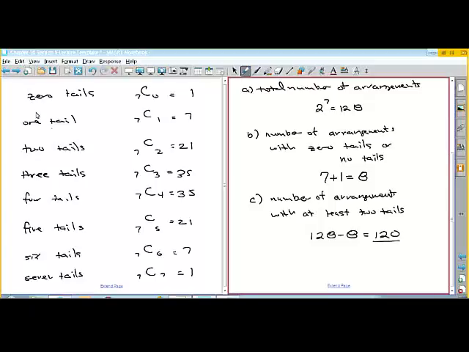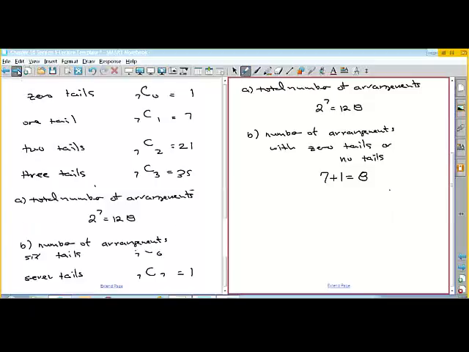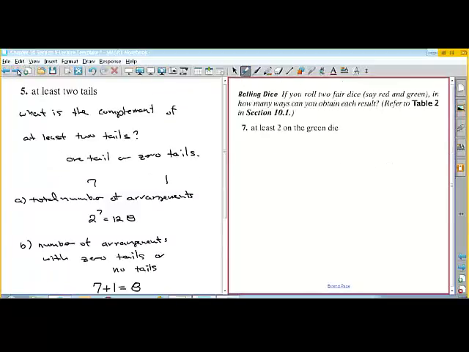So that's how those kind of problems work. So we have how to handle coins. Usually in the test, I do a coin problem. So if you understand what I'm doing right now, you'll be in good shape when it comes to doing these cases of at least something and then going from there.